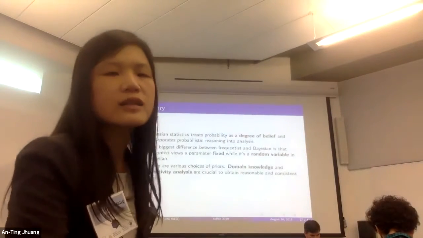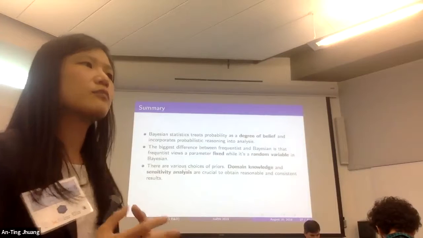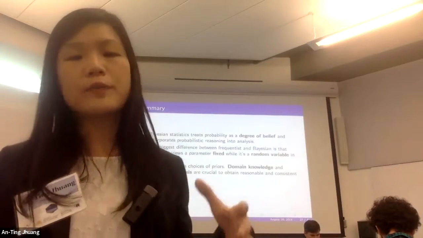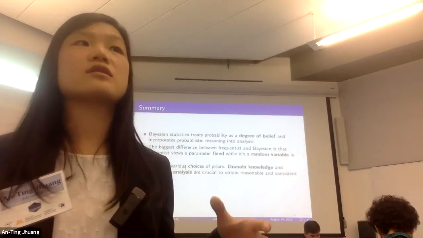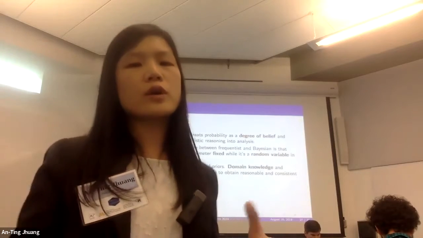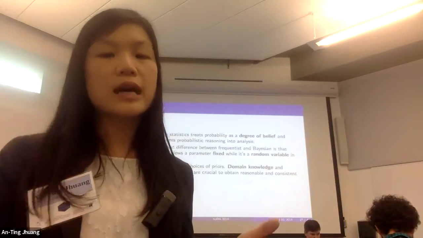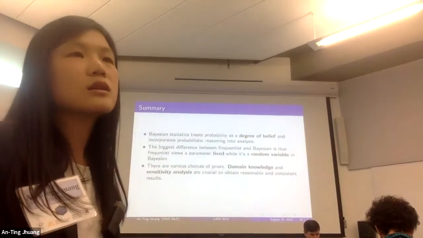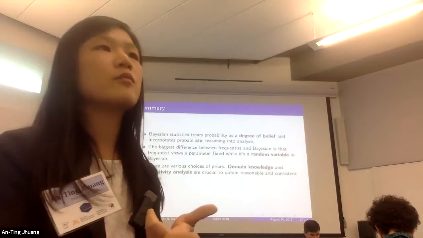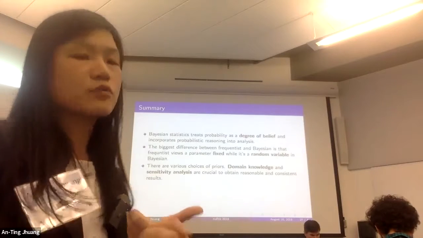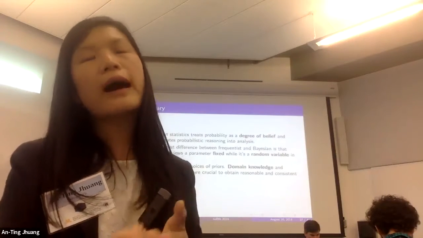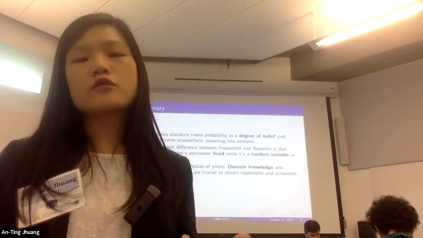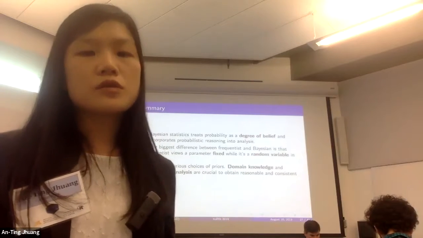I think prior is a pretty important piece in Bayesian statistics. We don't have time to go through many types of them, but I'll say domain knowledge and sensitivity analysis are very important to decide a prior and also to have your results make sense to others.